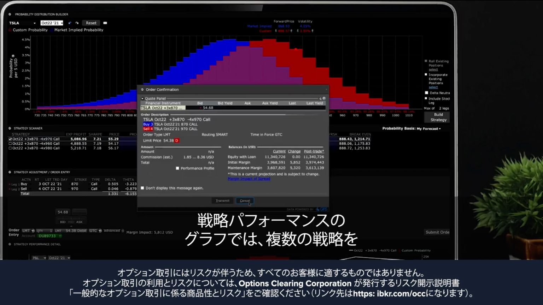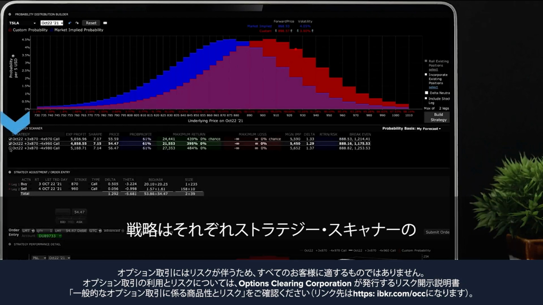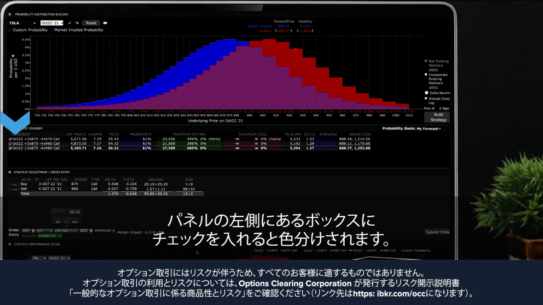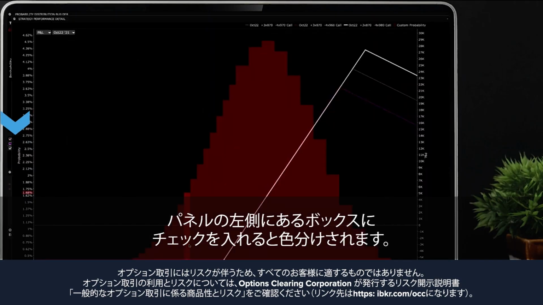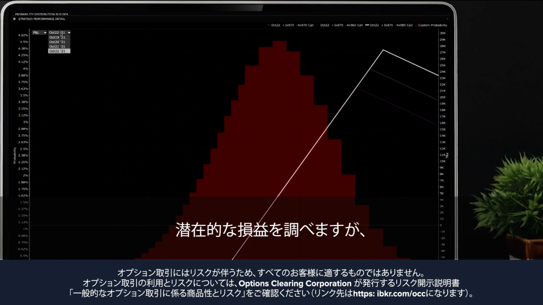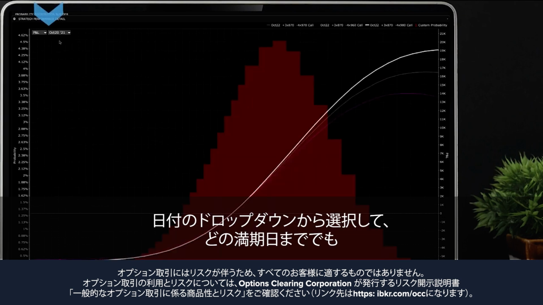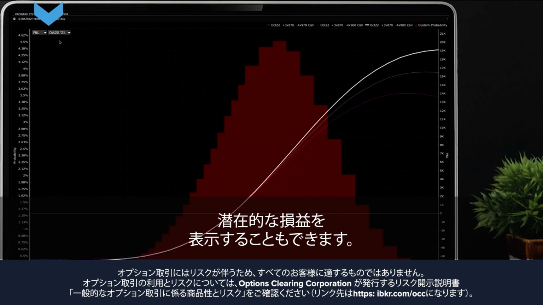You can compare multiple strategies at once on the strategy performance detail graph. Each strategy is color-coded as you check the box to the left in the Strategy Scanner panel. The default view examines the potential P&L at expiration for the chosen strategy. But you can also view the potential P&L on any day through expiration by selecting it from the Date drop-down menu.